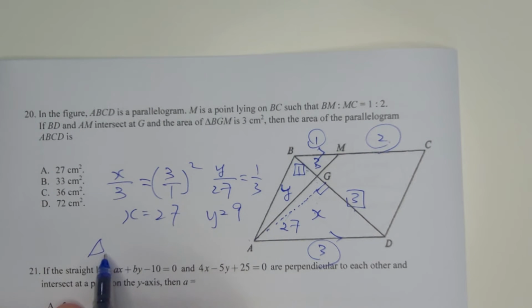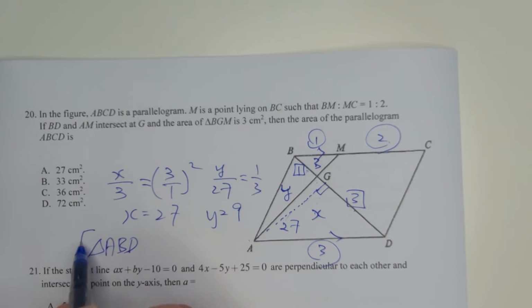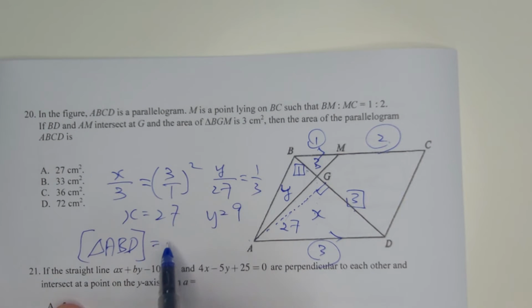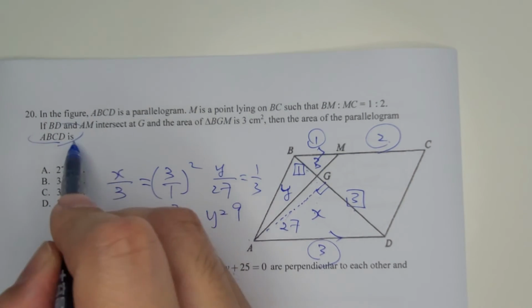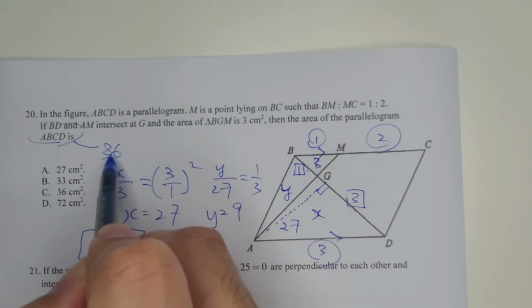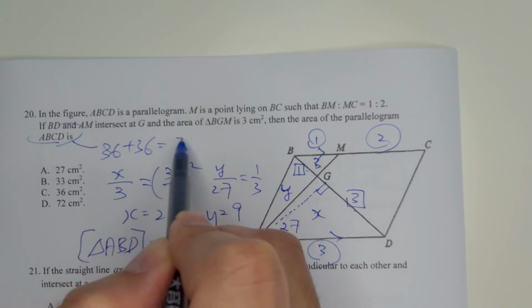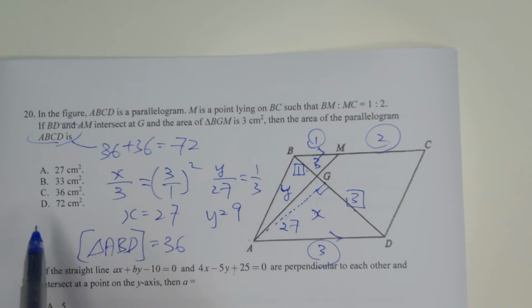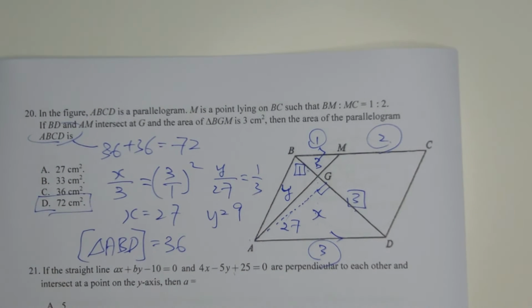So triangle ABD has area 27 plus 9, that's 36. That's half of the parallelogram. So the area of the whole parallelogram would be 36 plus 36, that is 72. And therefore the answer is D for dog.